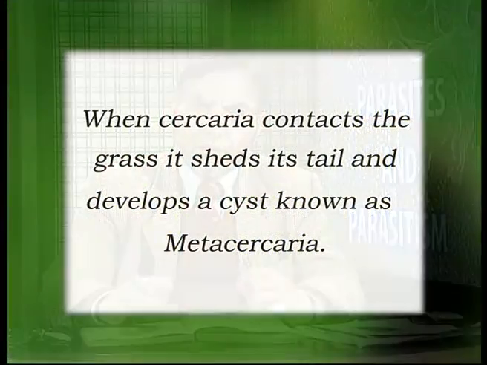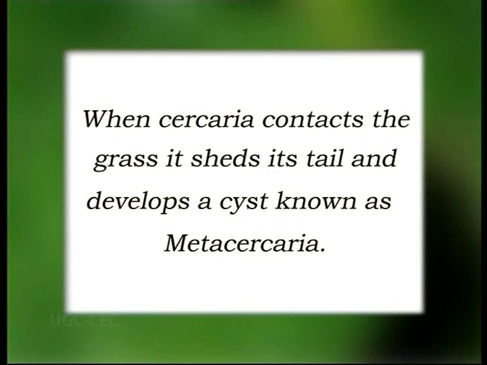While reaching the grass, it sheds its tail, develops a cyst, and this is known as the metacercaria. This metacercaria, having inside the miniature of this trematode, Fasciola hepatica, sheds the tail and develops a cyst wall.